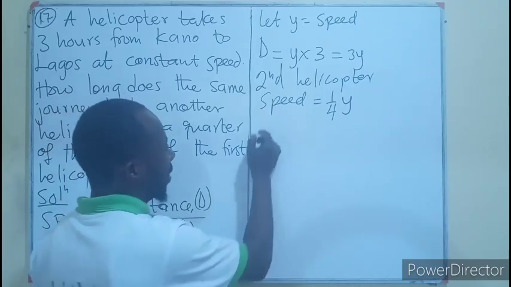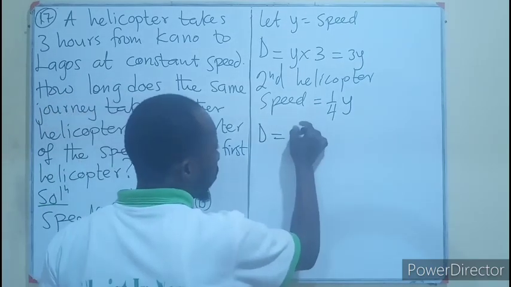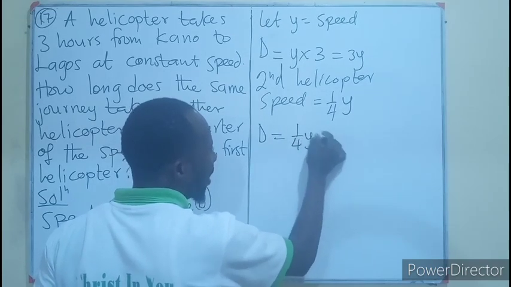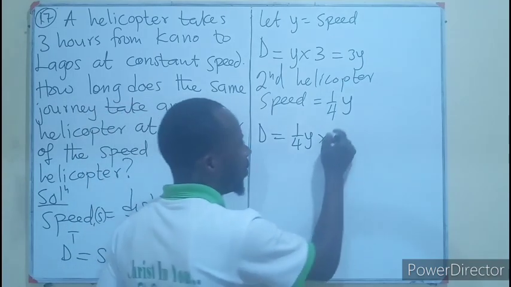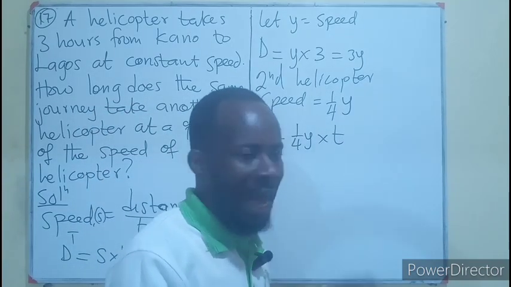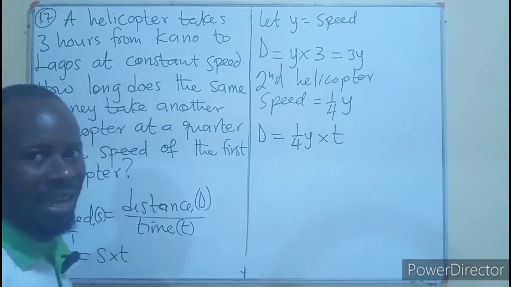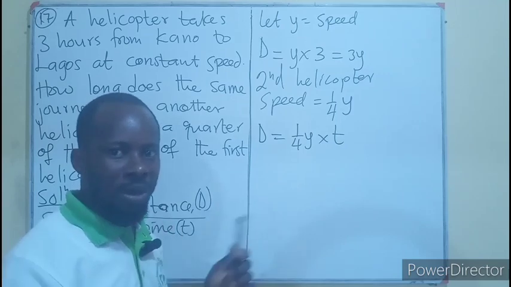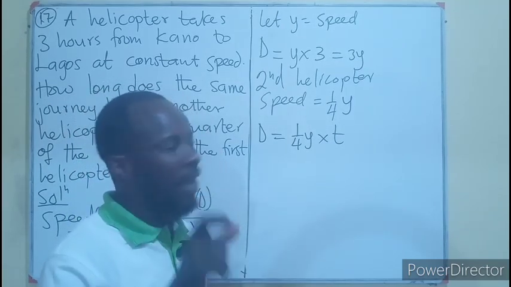Good. So the distance will now be the speed, which is 1/4y, times the time. In this case, t, we don't know. That is what we are interested in. The time is what we are looking for. How long does it take the same journey to be covered by the second helicopter? So we are looking for the time that it will take.